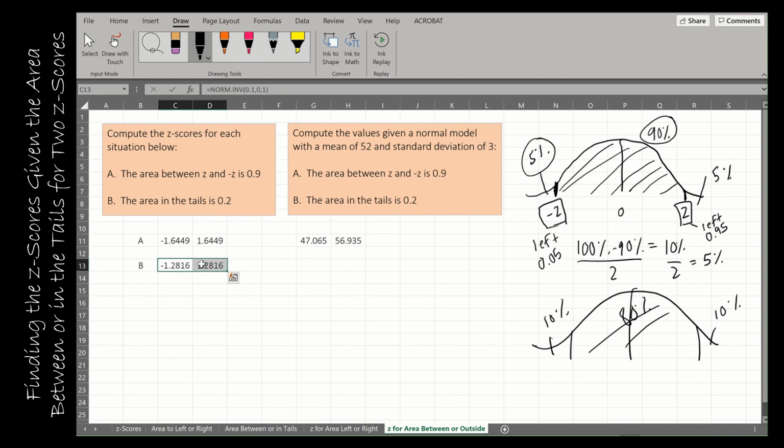And again, if I just copied and pasted and then changed 0 to 52 and 1 to 3, and I did that twice, that would give me the raw scores, 48.155 and 55.845.